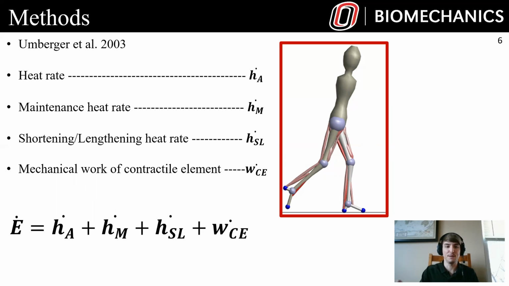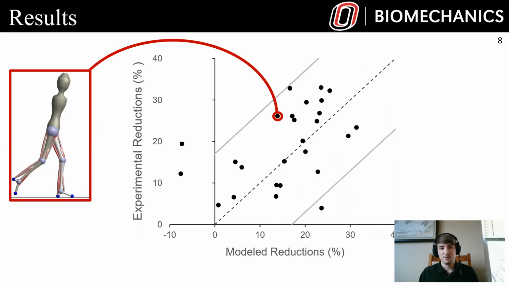And when we put our information into this metabolic cost model, we can make comparisons to our original experimental data collection. So over 35 different assistive conditions at the center of mass, we see our model approximation compared to unassisted walking of our model, against the experimental reductions of an average of 10 participants.